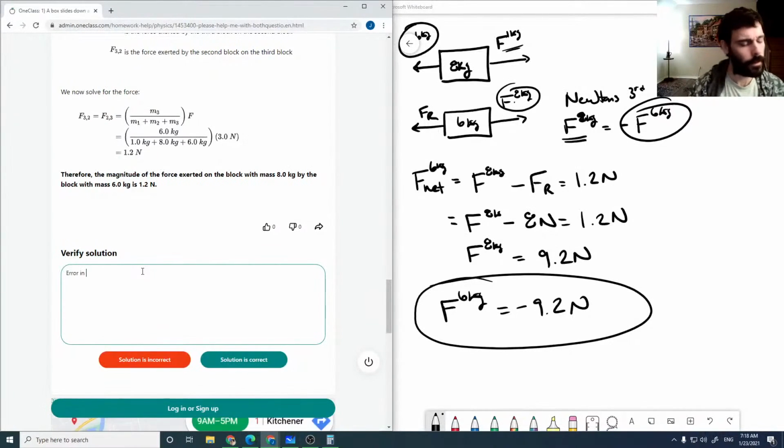So error in second question. Should be 9.2.